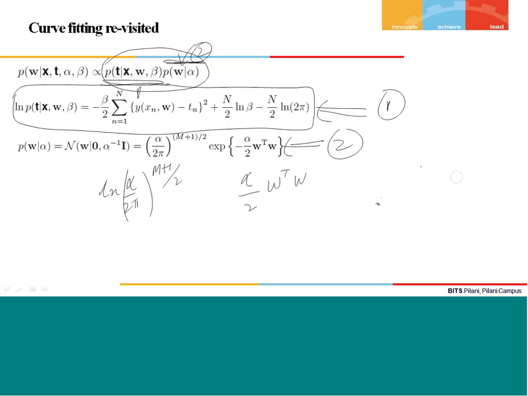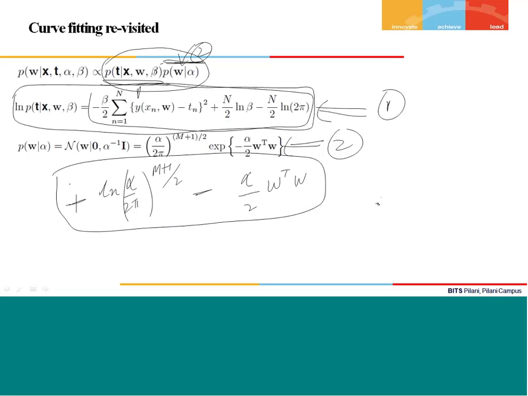I'm multiplying this expression with this expression. When I take the log of this plus the log of this, they will get added. So this thing, plus this thing. Now I will take the negative of this whole expression.